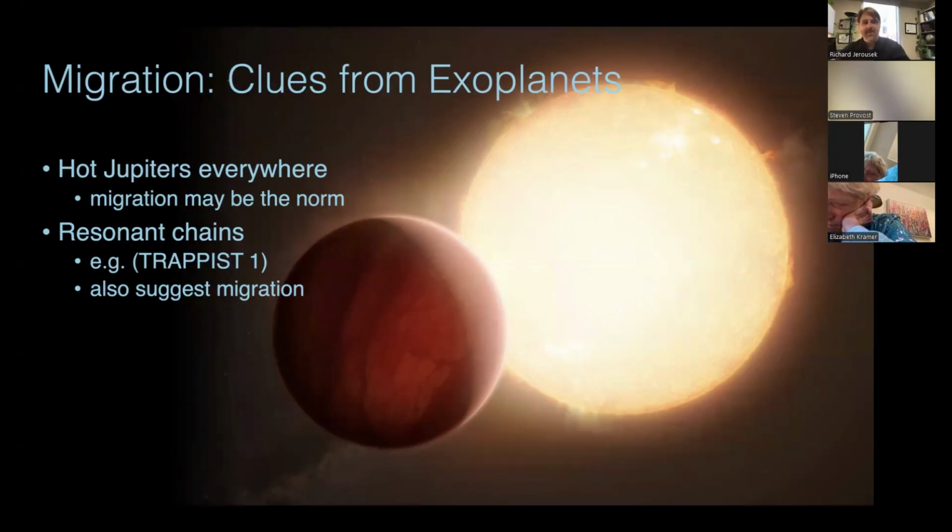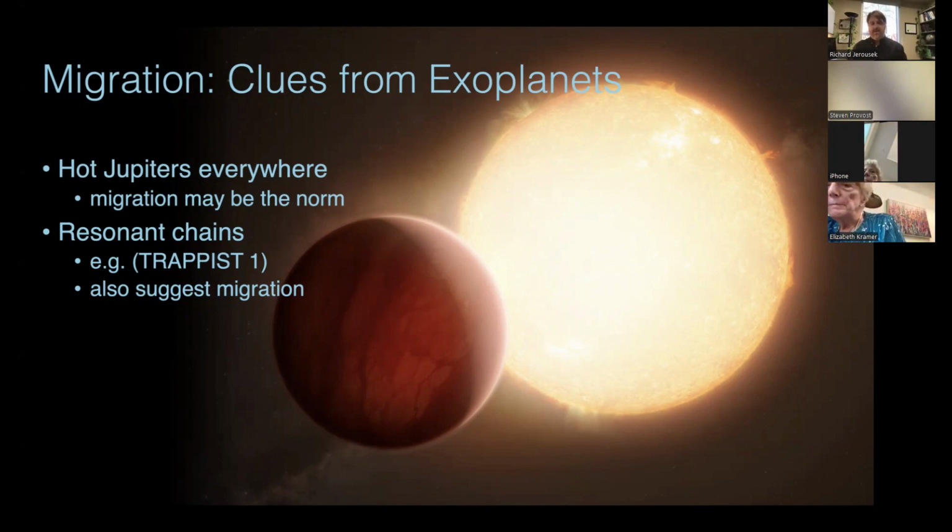Otherwise, they wouldn't be massive enough to hold on to that hydrogen and helium gas. But when we look out at a lot of exoplanetary systems, we see things the size of Jupiter that are orbiting much, much closer than Mercury in our solar system.